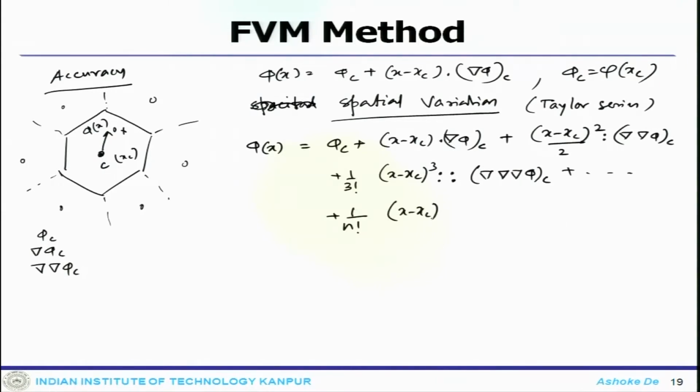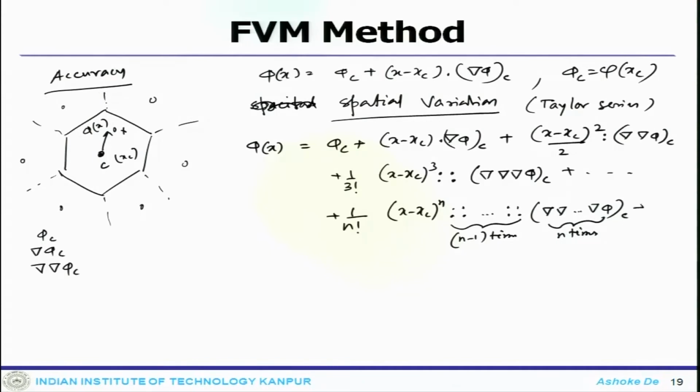and you can have x minus x c to the power n, multiplied by the gradient operator applied n minus 1 times, and this would be n times.